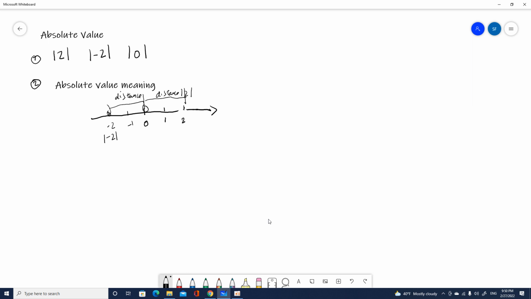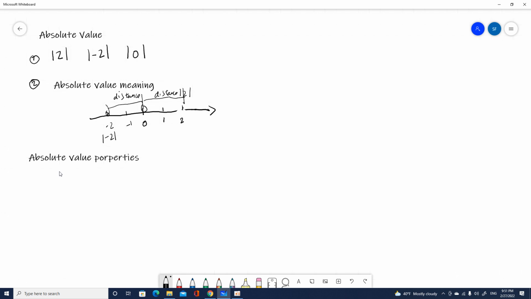Now, following, we talk about some absolute value properties.